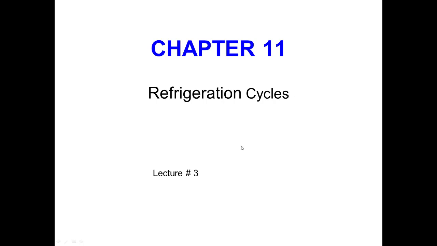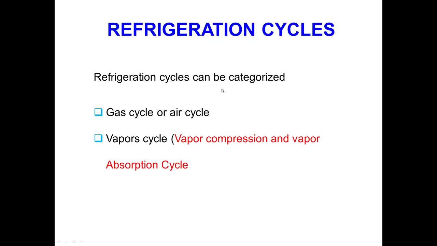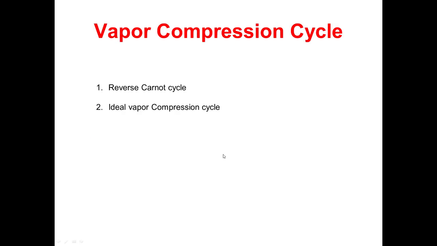Let's continue refrigeration cycle. In previous class up till now we have studied what are the types of the refrigeration cycle. So basically we saw that there are two main types, gas or air cycle, and then the vapor cycle. In vapor cycle we further classified as a vapor compression and vapor absorption cycle, and then we continue with the vapor compression cycle, and we saw the fundamental working principle, different components, how the refrigeration system based on the vapor compression cycle is working.